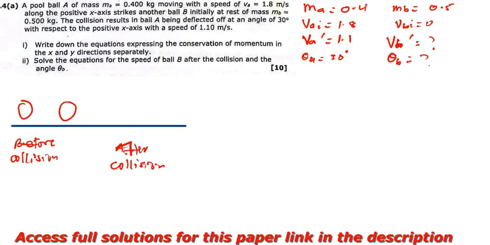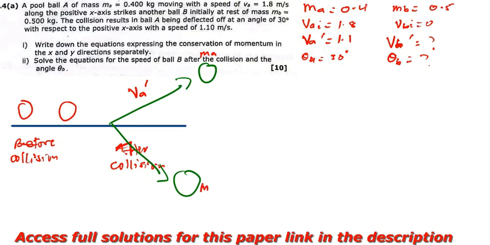This is going to be deflected there, this other one will be deflected there. So I'll have my two guys here, this one being equal to VA prime, then this is MA, this is MB. So this is VB prime, theta A and theta B.